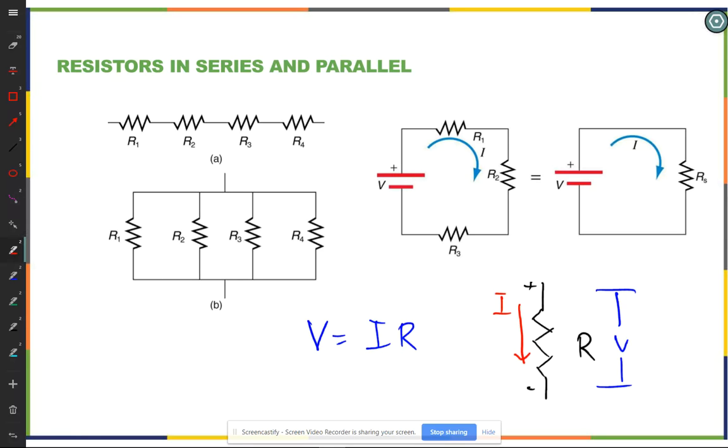So something with more resistance means for the same current it's going to have the higher voltage. Less resistance for the same current, lower voltage.